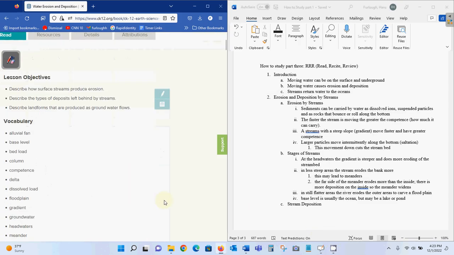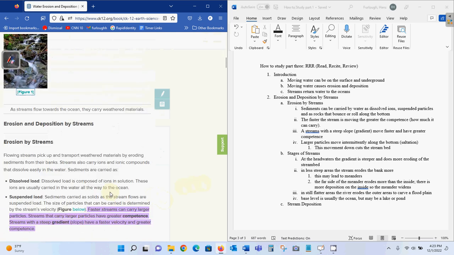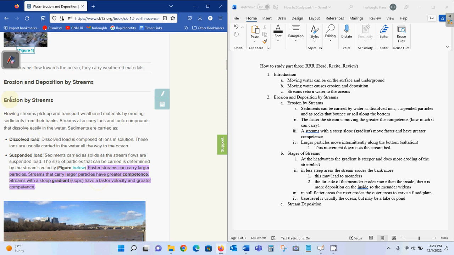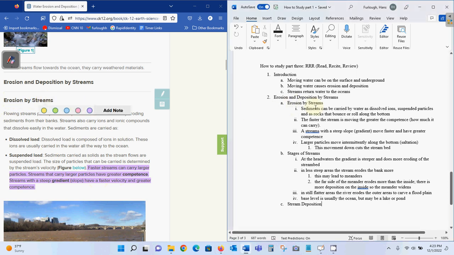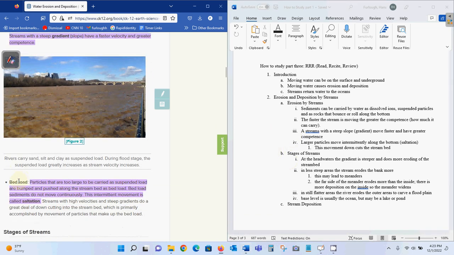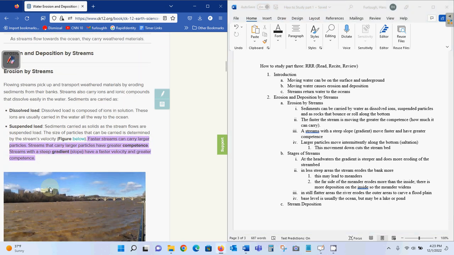Okay, so without going through every detail, here is erosion by streams, and I have erosion and streams over here. And what I did is instead of rehashing every vocabulary definition, because I already have those, for example, it lists out the three different ways that the river can move things.